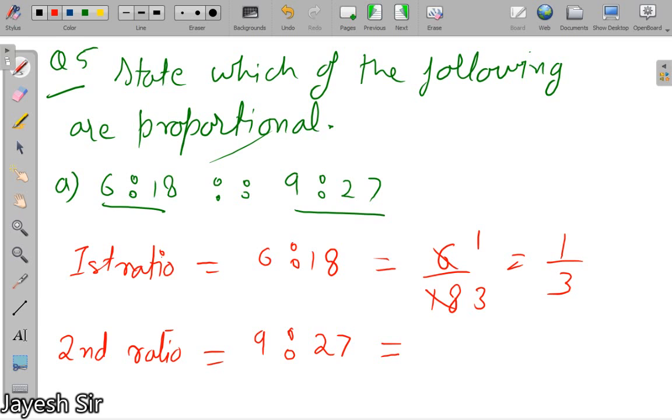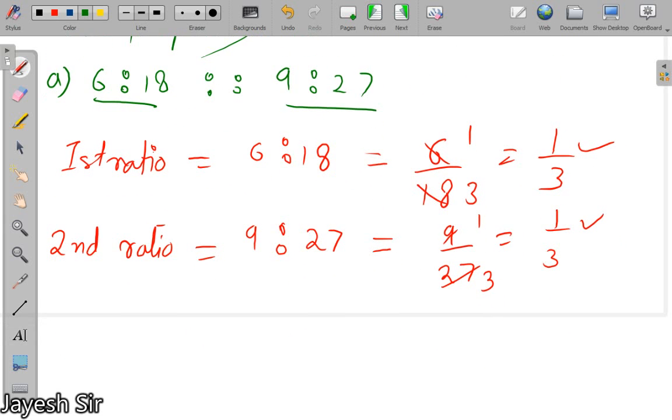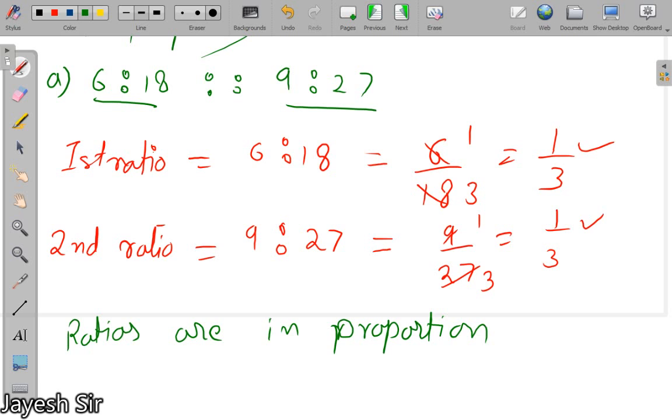Okay, so let us simplify it. 9 upon 27 is equal to, 9 ones are 9, 9 threes are 27, so 1 upon 3. Because the ratios are equal, the ratios are in proportion. Okay. In the same manner, let us try its B part.